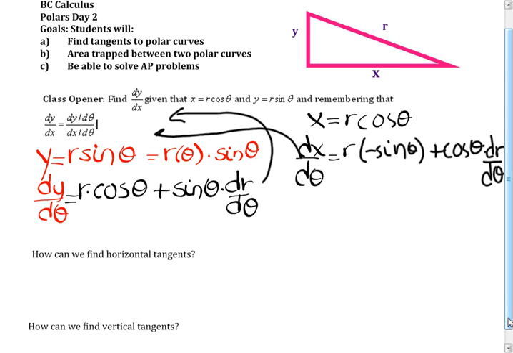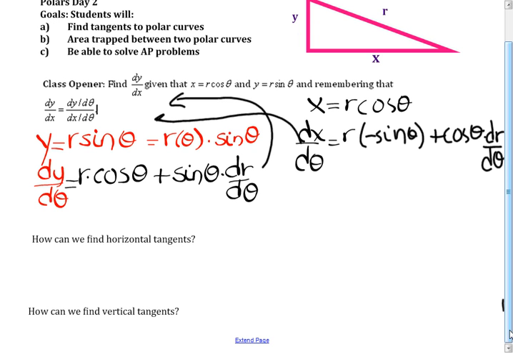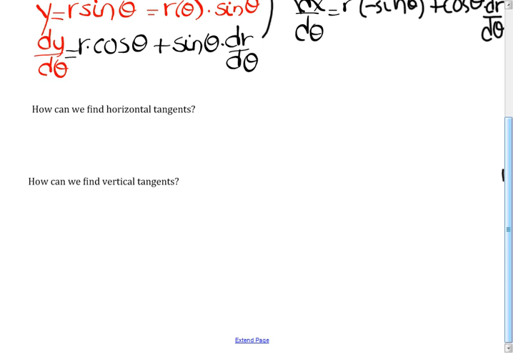Okay, how do you find horizontal tangents, then? Nick, how do you find, this is all BC. How do you find a horizontal tangent? dy dx. If it's a horizontal tangent, dy dx equals what? So therefore, dy d theta, guys, I'm almost done, actually, is equal to 0.